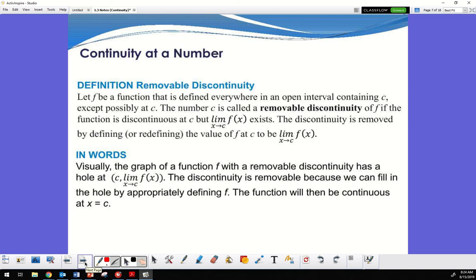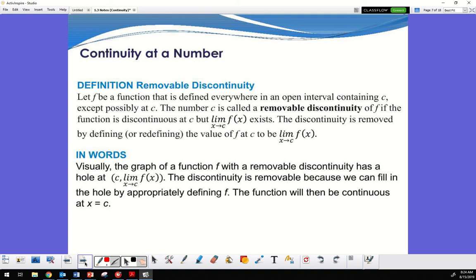Okay, definition, removable discontinuity. If I could factor out the part of my function that gives me my 0 in the denominator, that is a removable discontinuity. And in terms of a graph, the removable discontinuity puts a hole in my graph.